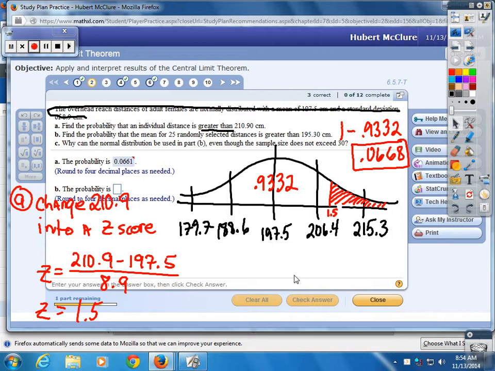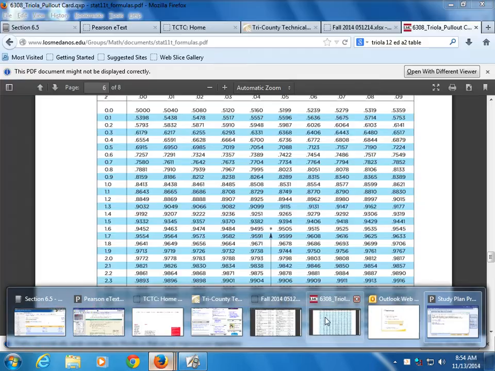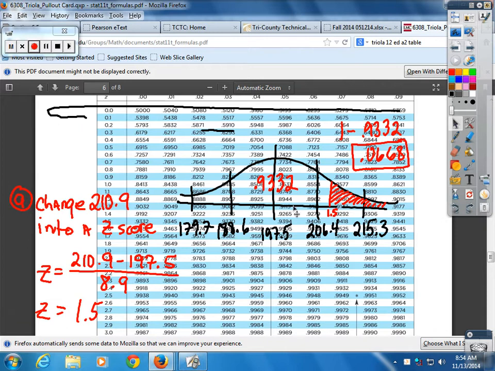Okay, so we did the math wrong. Let me go back to the table and look up 1.5, make sure. The 1.5 is supposed to be 1.51, so there's a 5 after the zero. Oh, there is? Okay. Somebody led me astray and told me 1.5.